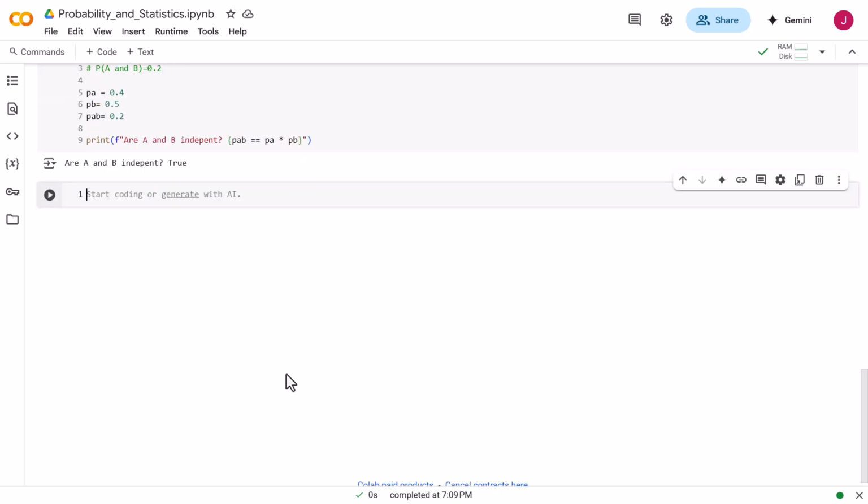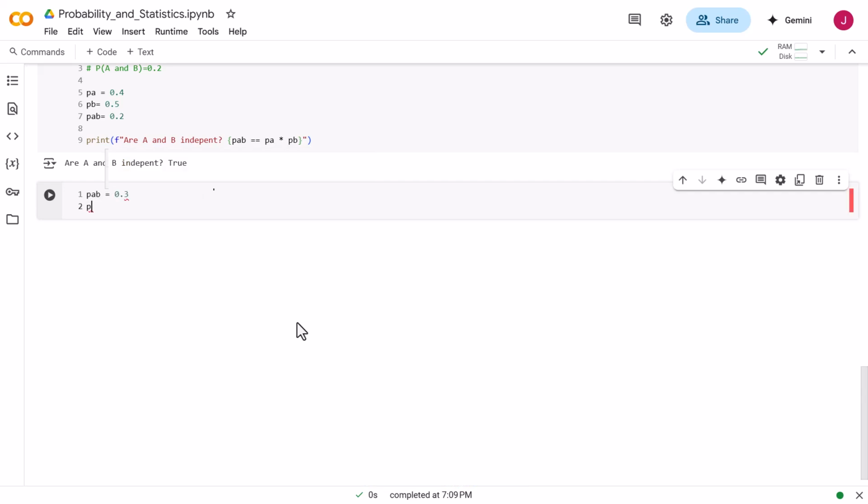I want to check joint probability. Joint probability is the probability of two or more events occurring at the same time or in combination. So I can say P(A and B) is equal to 0.3, right?